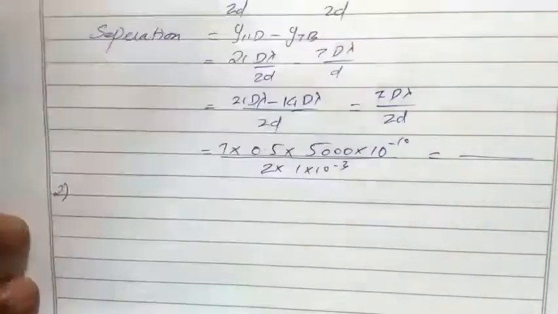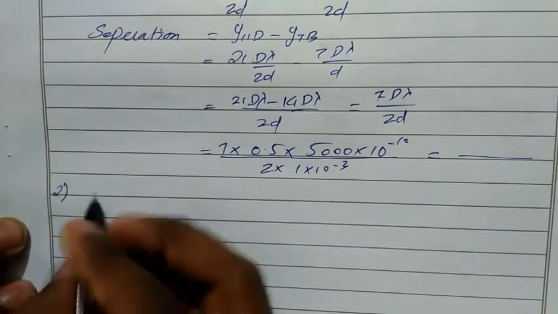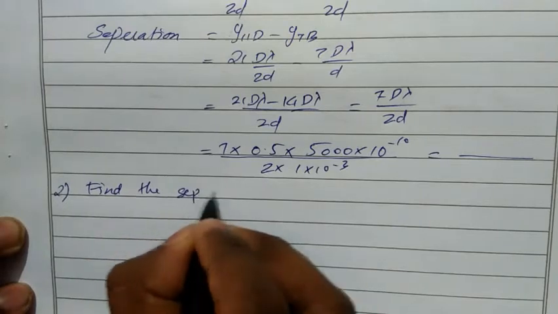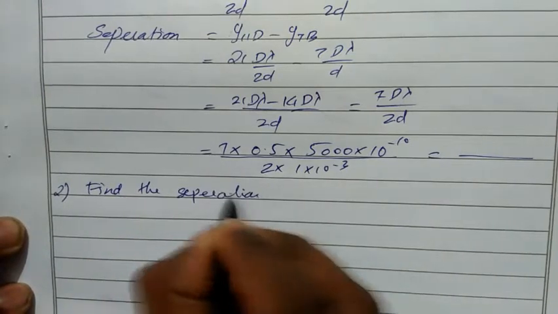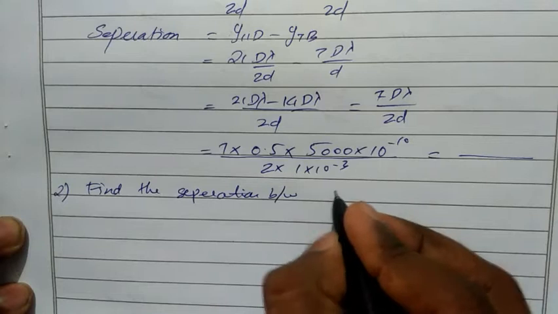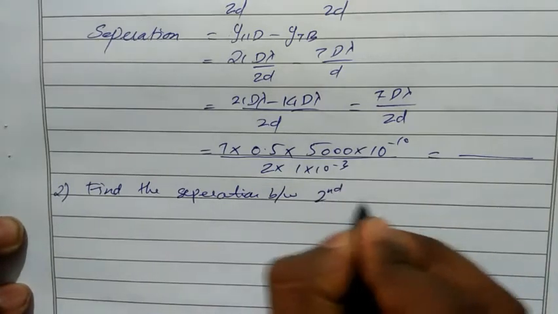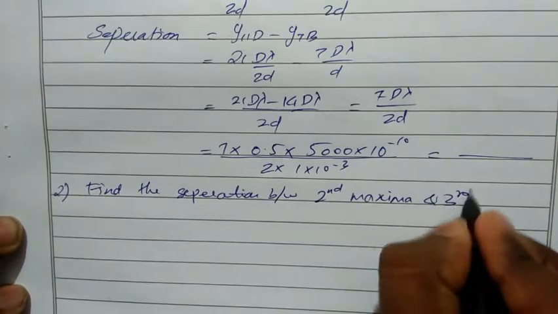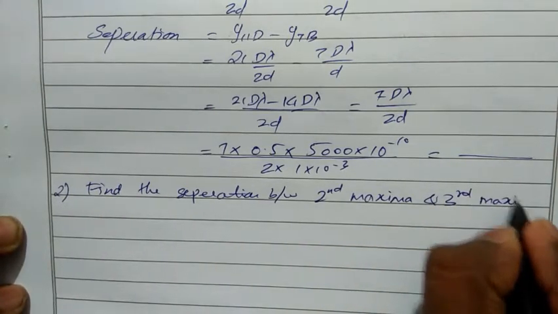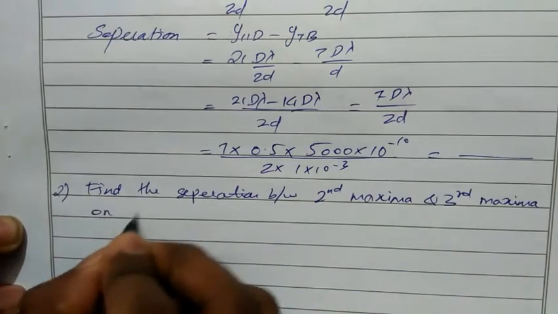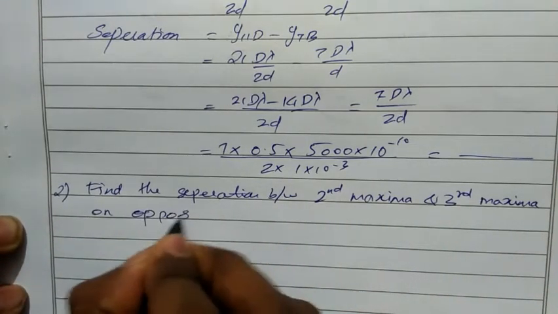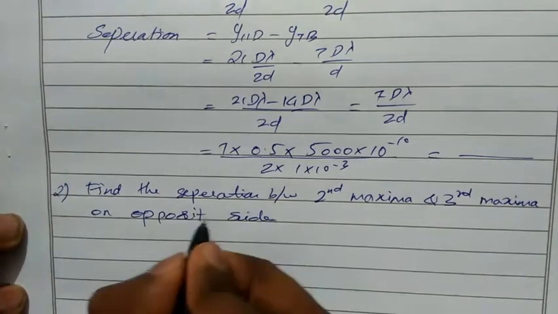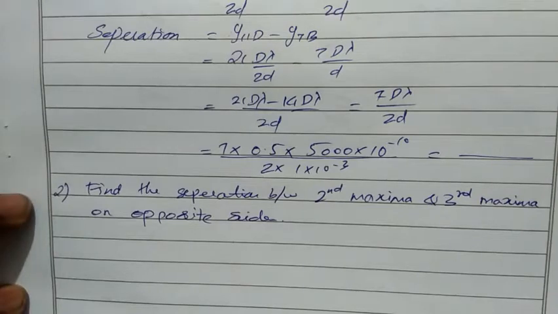For the same above data, find the separation between the second maxima and third maxima on opposite side.